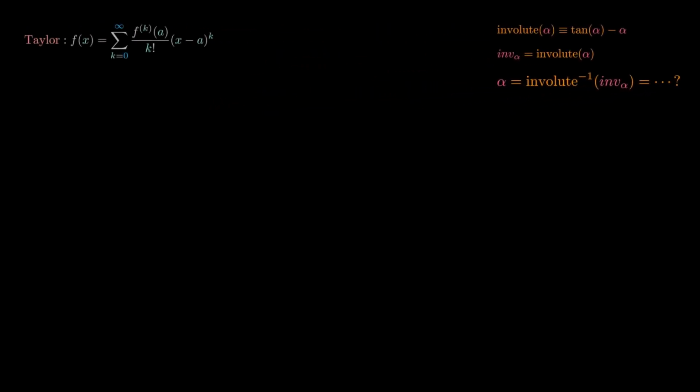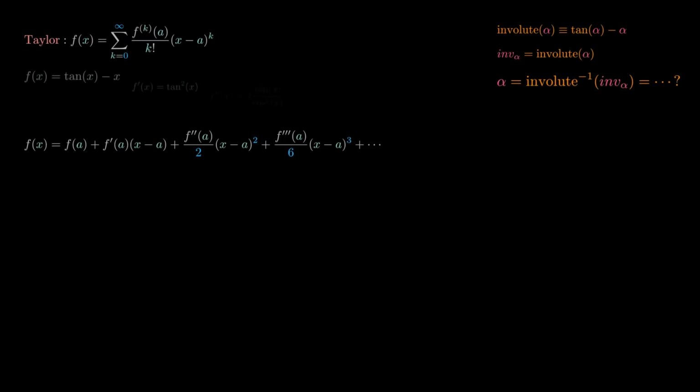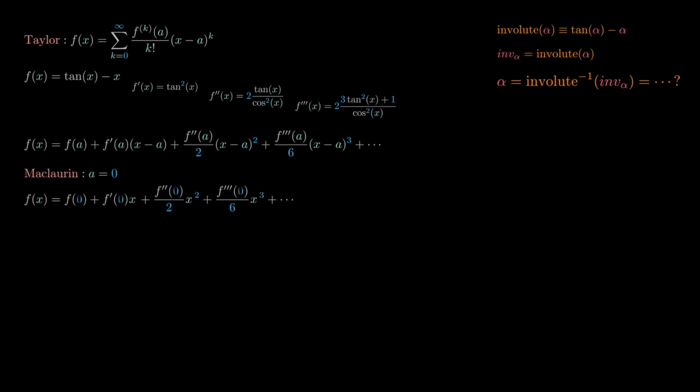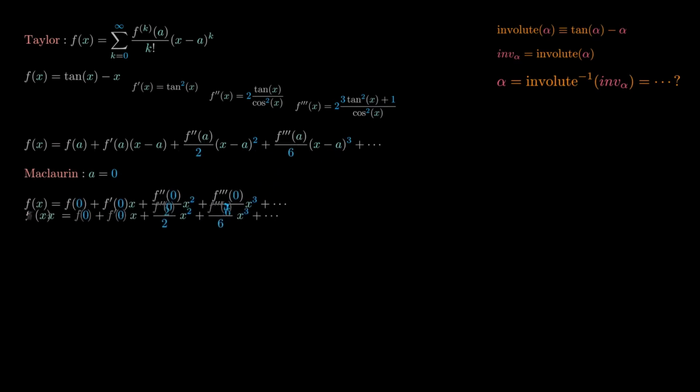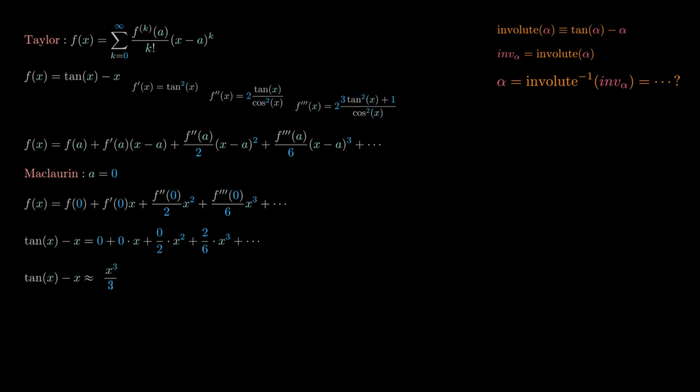Mathematicians Taylor and Maclaurin propose a method to express any function in a polynomial series. In general, it is enough to consider the first terms of the series to obtain a good approximation. The first three terms of the series of the involute function are null. By choosing to keep the fourth term only, the involute function is simply written as a single polynomial term of the third degree.